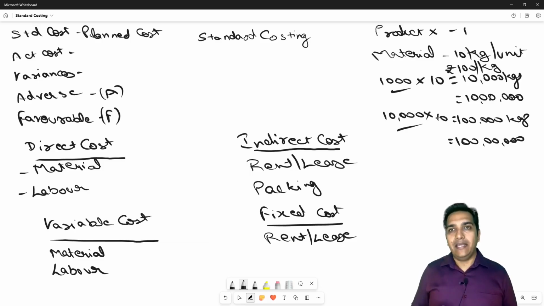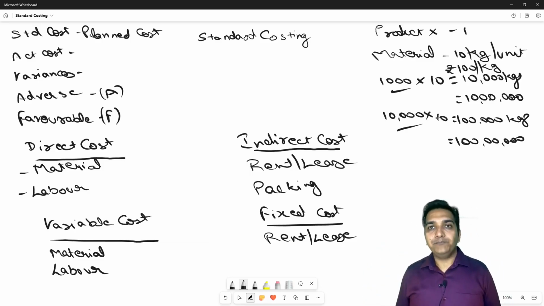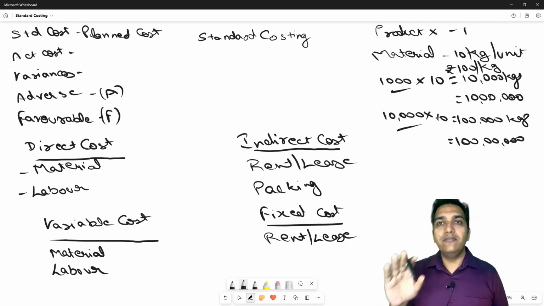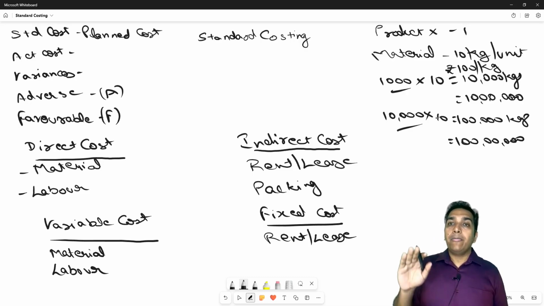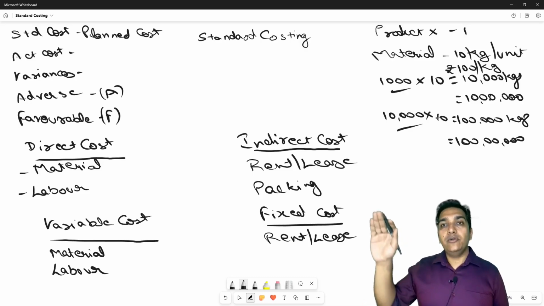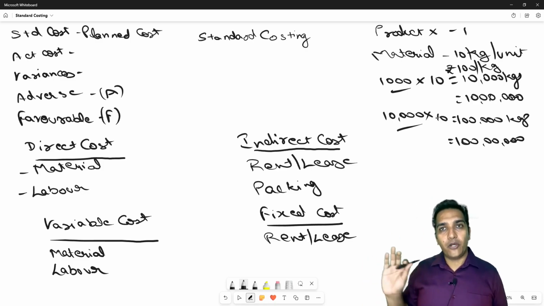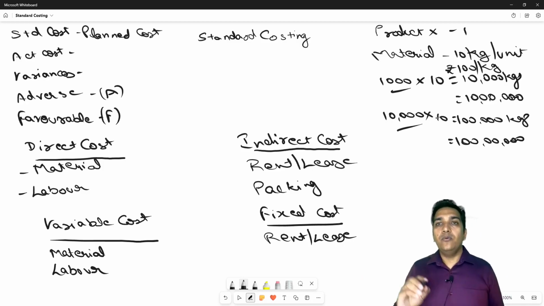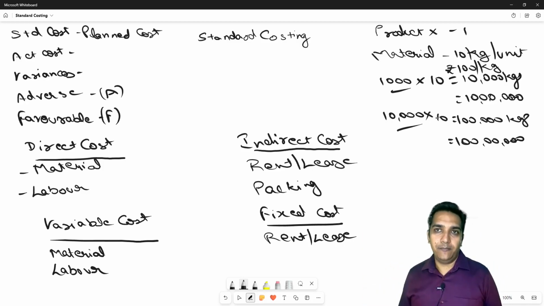Then coming to packing. Packing again is variable in nature. Why? Because packing material or the labor for packing will be used proportionate to my output. If I am producing 1000 units of product X, my packing material or labor will be used only to the extent of 1000 units.